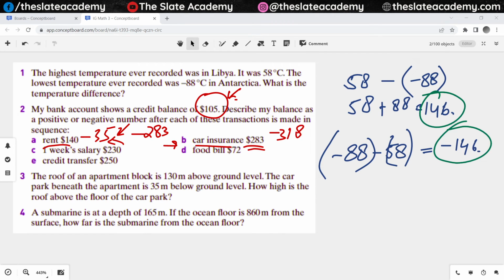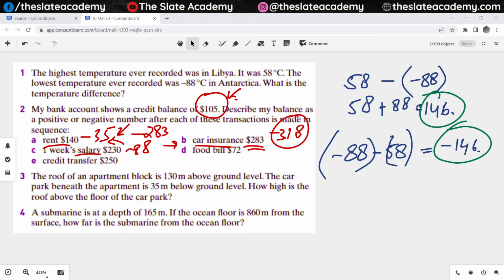minus 318. Excellent. Then you receive a salary. Would that increase your balance or reduce it? When you receive salary, your bank balance increases. So this 230 should be added to the previous minus 318. So minus 318 plus 230 becomes minus 88.